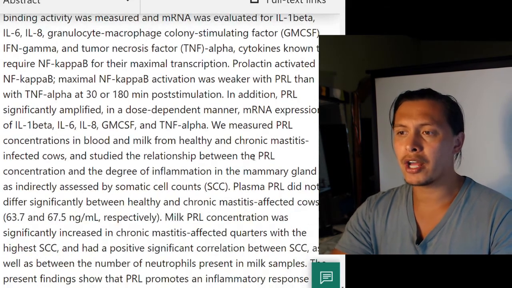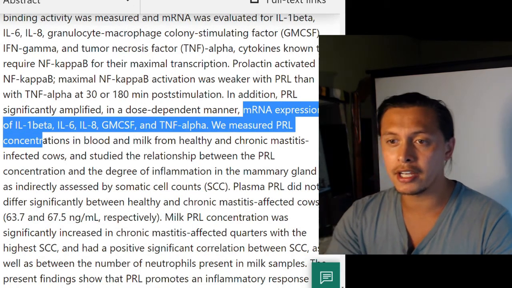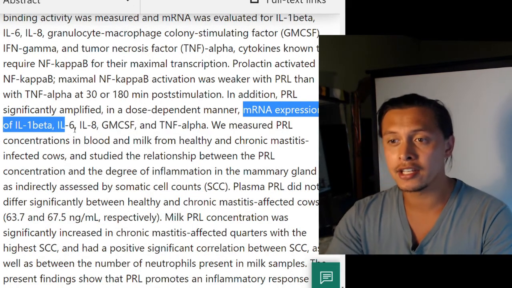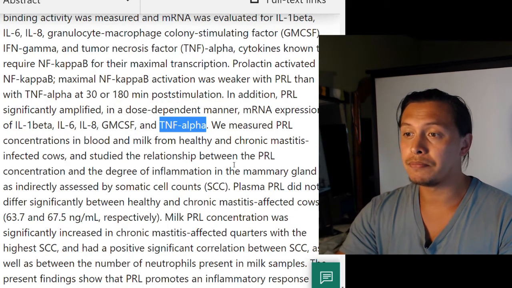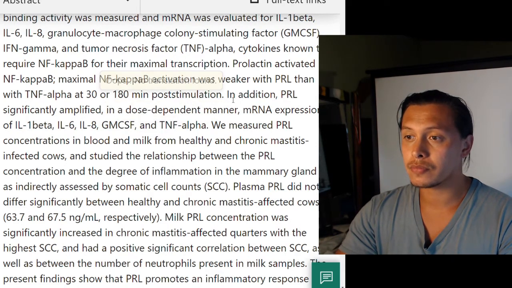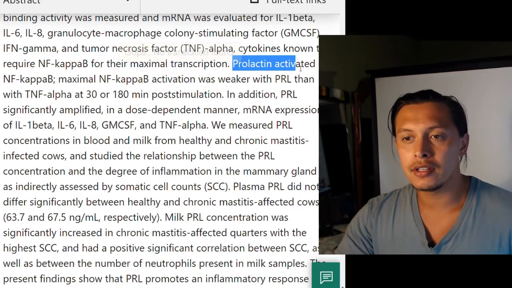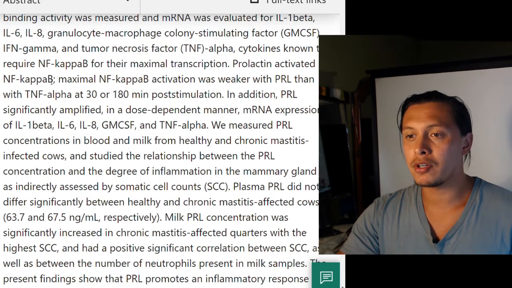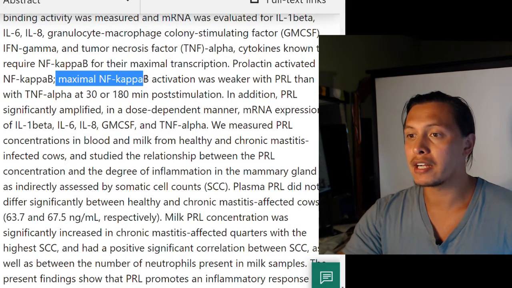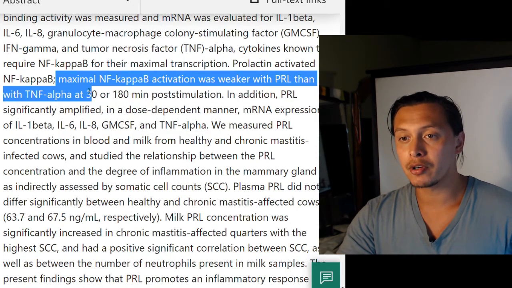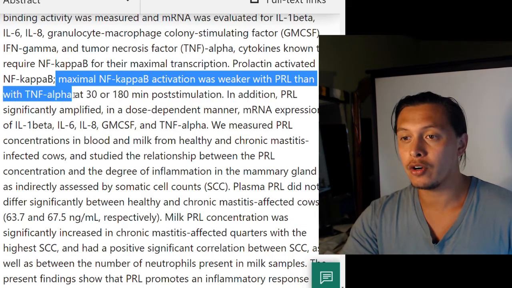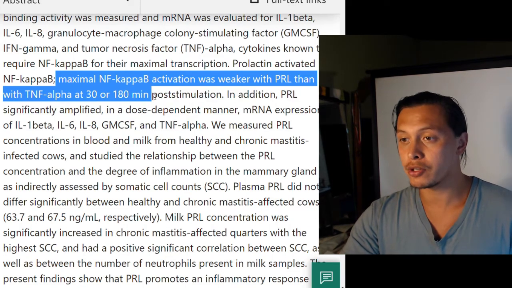So mRNA expression of interleukin 1 beta, interleukin 6, interleukin 8, GM-CSF, tumor necrosis factor alpha. Prolactin activated this, and maximal nuclear factor kappa B activation was weaker with PRL than with tumor necrosis factor alpha at 30 or 180 minutes post-stimulation. Okay.